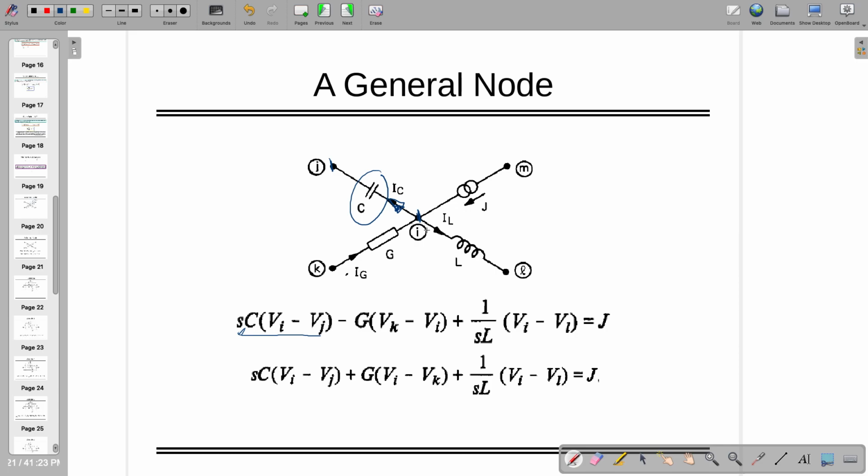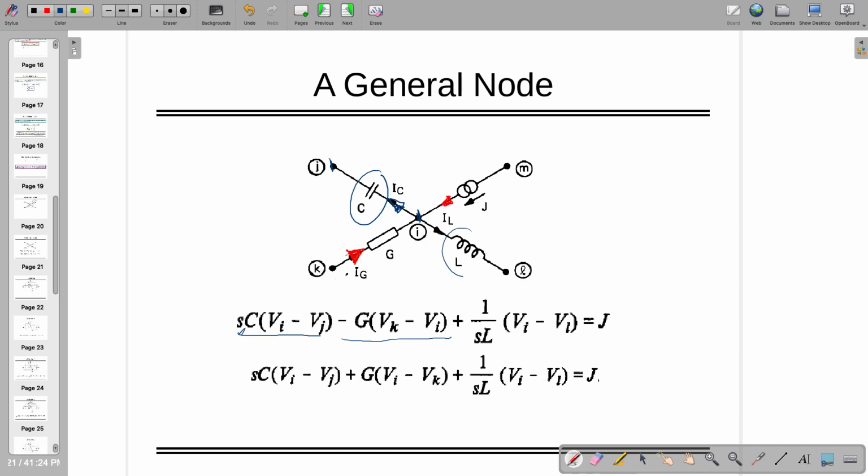Minus G, because the current is coming inside. Look at the current direction, this is inside. So the next term is minus G times (Vk minus Vi). It's going from node K to node I, so it's Vk minus Vi.